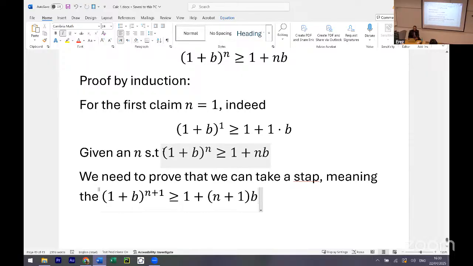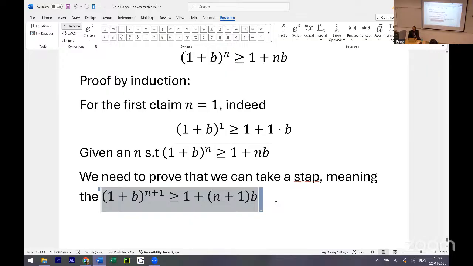In any case, now I'm left with the data and what I need to prove. I know for some random n that someone gave me, this statement is true for this specific n, and I need to prove this statement, okay?